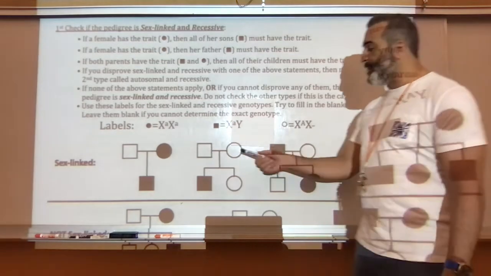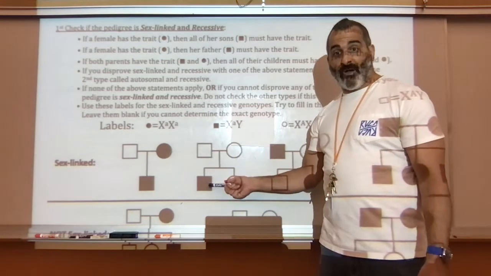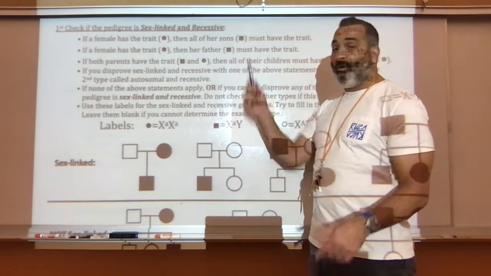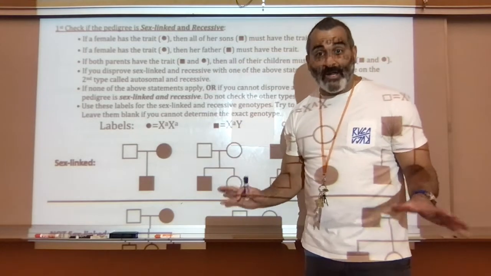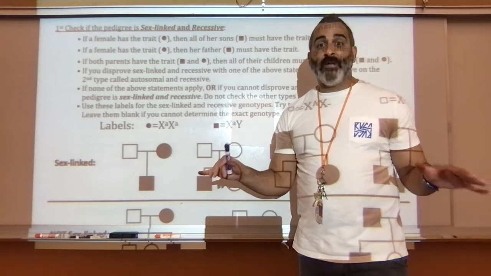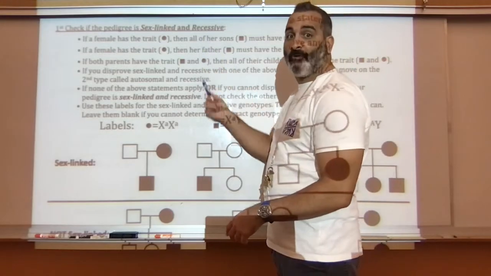Okay? This mom here, she doesn't have it. Okay? And her boy has it. All right? That doesn't mean it's false. This rule doesn't apply to this pedigree here. If it doesn't apply to the pedigree, then you did not prove it wrong. Okay? To prove it incorrect, you have to prove these statements incorrect. Okay?